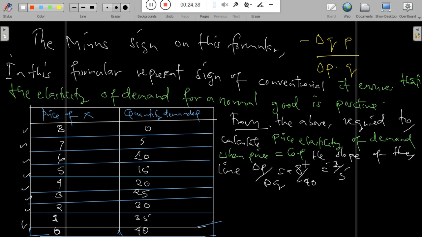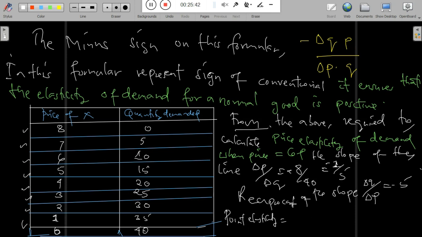Since we have obtained the value of the slope of the line, we may find what is known as the reciprocal of the slope, that is given by taking the change of Q over the change of P. So the reciprocal of the slope is negative 5.